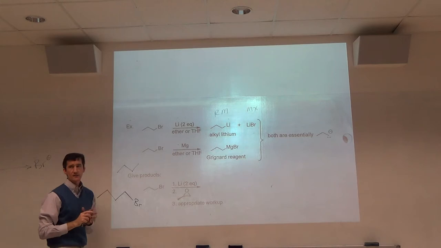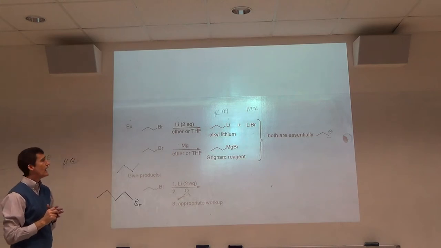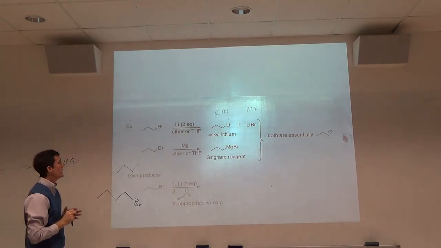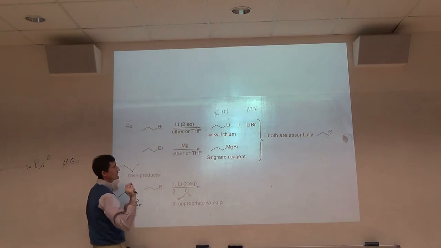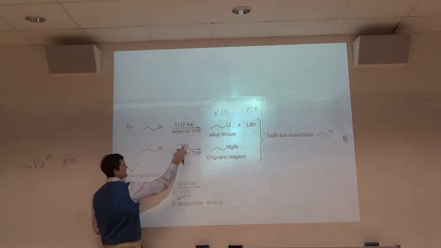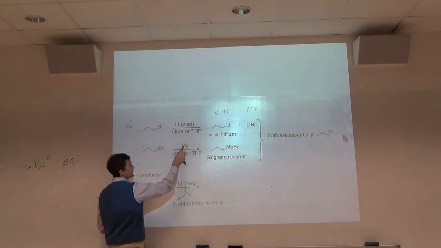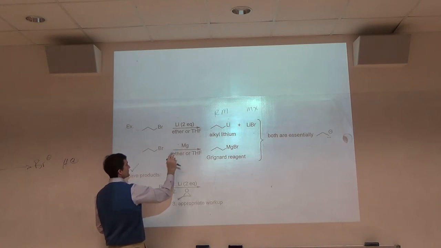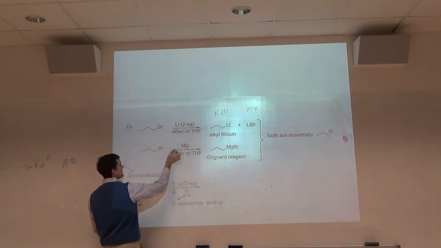This is sort of redox chemistry. The more common one for introductory organic is with magnesium. Now that's a group 2 metal. And with group 2 metals, the metal just inserts between the carbon and the halide.